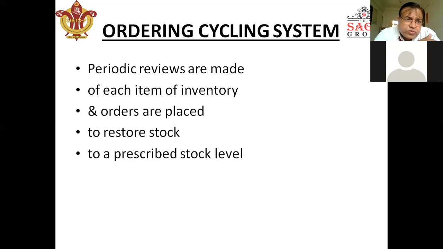So you have to follow a system to give a reorder for your material whenever the material is less in your stock or in your pharmacy. You have to give the order on time, keeping in mind the lead time, how much time it will take to reach you again. So this is the order cycling system.